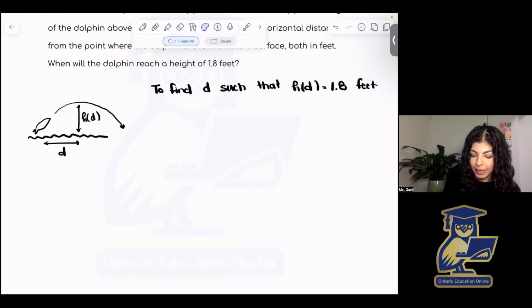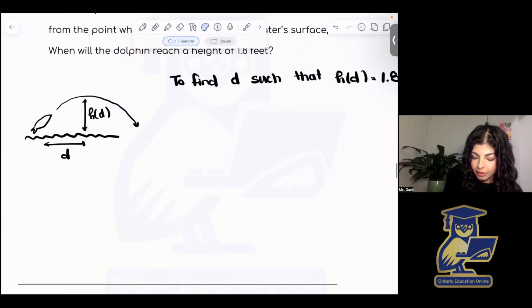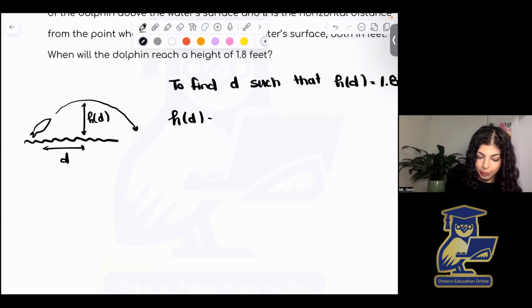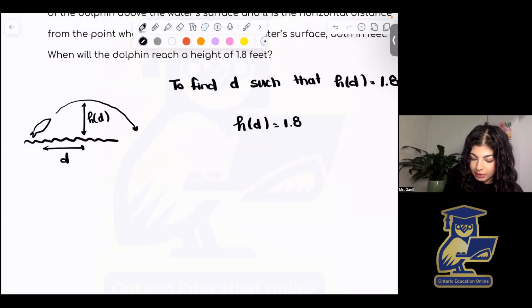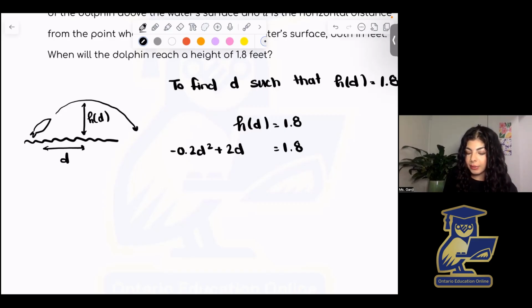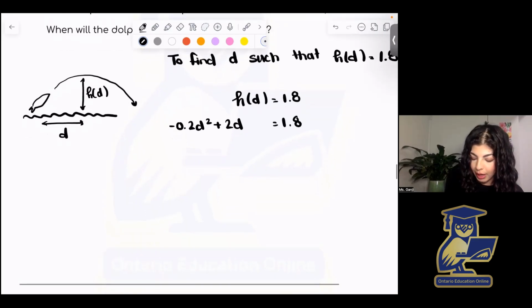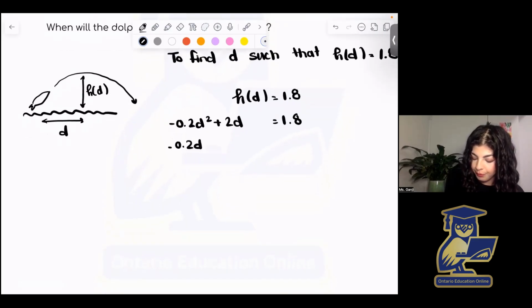Okay, so here we are trying h of d is equal to 1.8. Or in other words, negative 0.2 d squared plus 2d is equal to 1.8. And let's move over the 1.8 so we have an equation that is equal to 0.